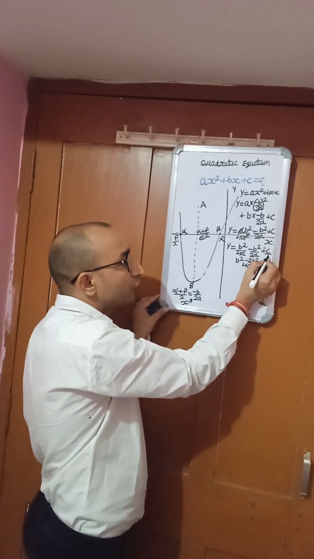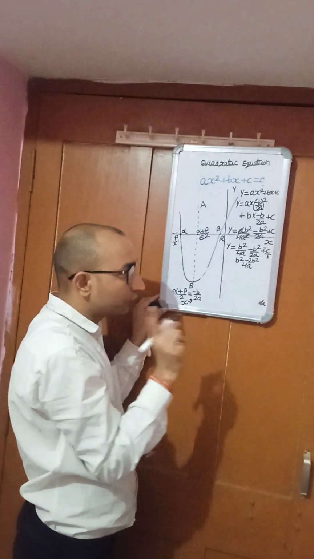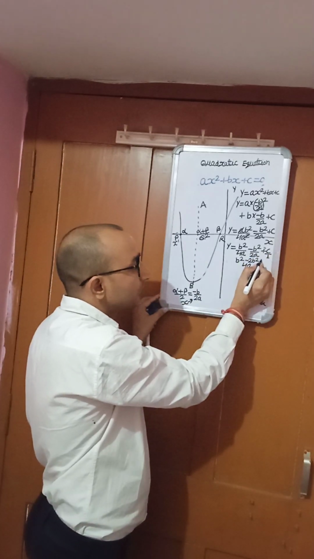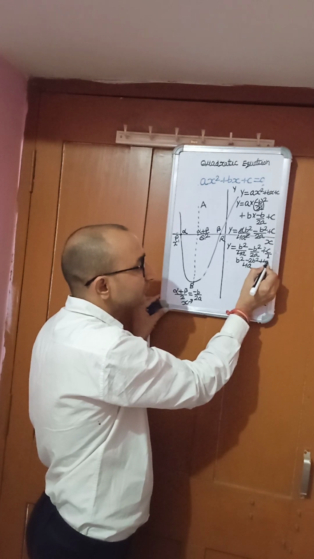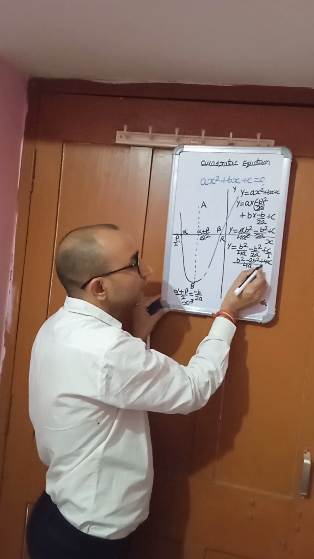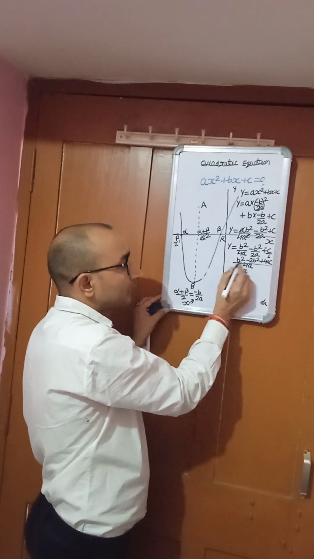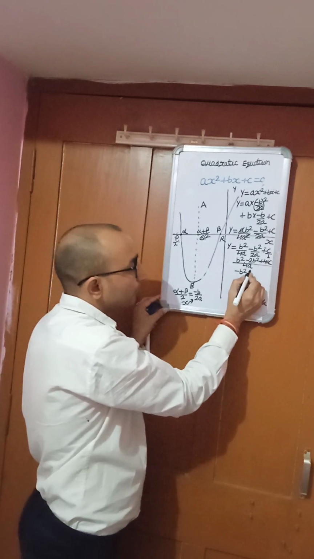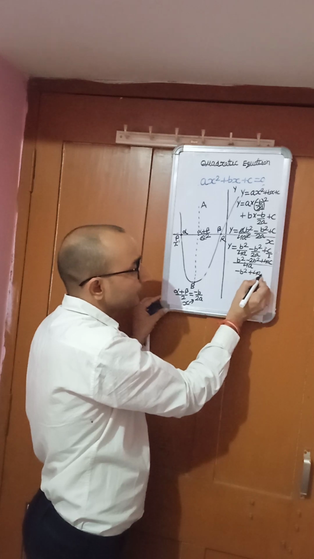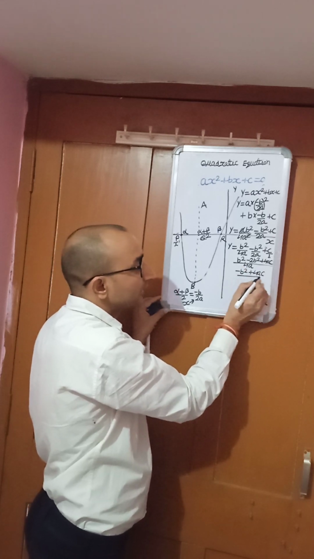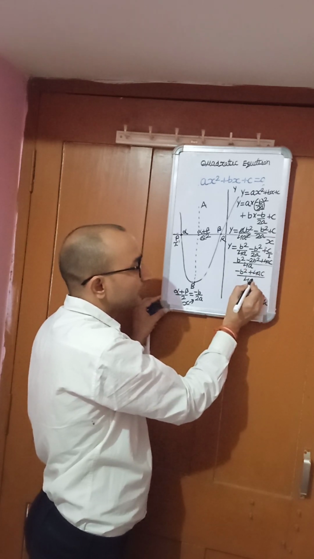And 1 divided by 4a is 4a, and when we multiply with c, this becomes 4ac. So it is minus b square plus 4ac by 4a.